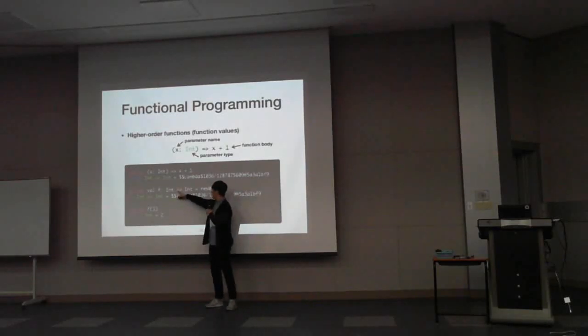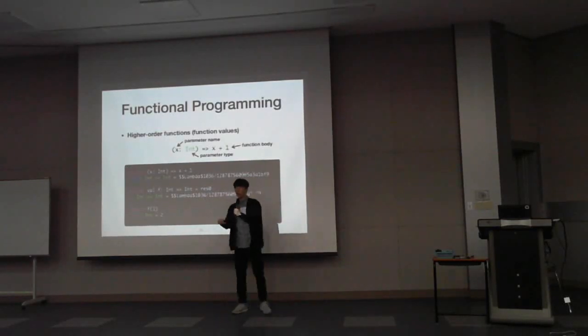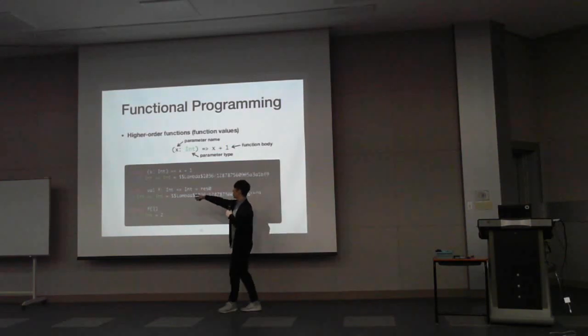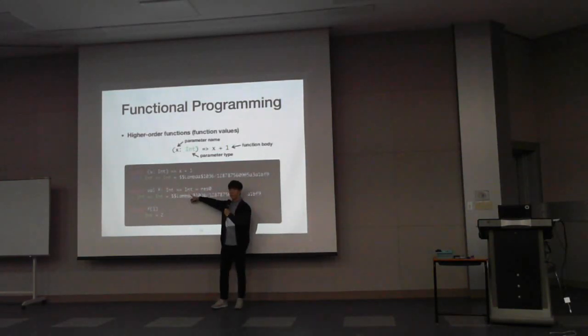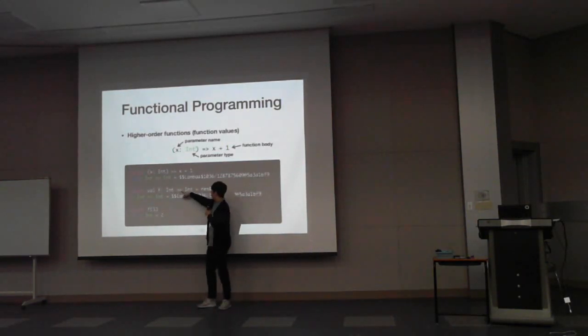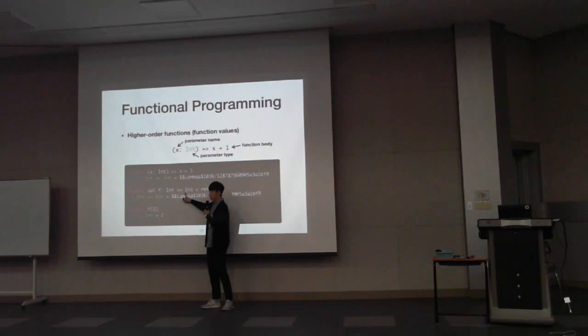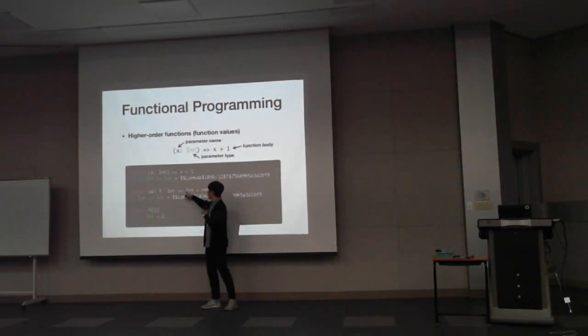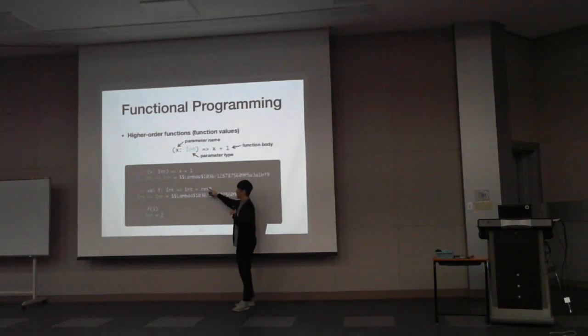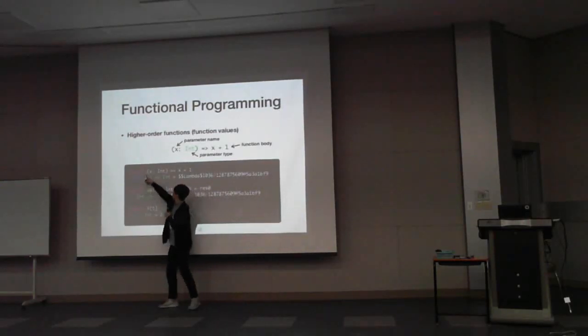With this arrow, we call it an arrow type. So this is the parameter type and return type. So there is a function type. So this immutable variable f has function type from integer to integer, and it stores res0, which is this expression.